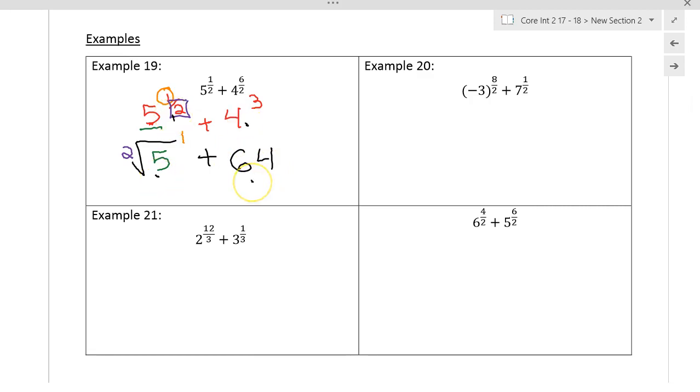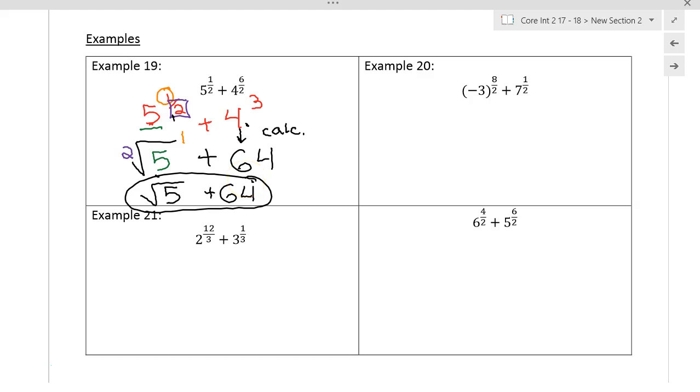Non-fraction exponents we type in our calculator. Now remember, with that root, I don't have to write the 2. And with exponents, I don't have to write that 1. So this is just square root 5 plus 64.